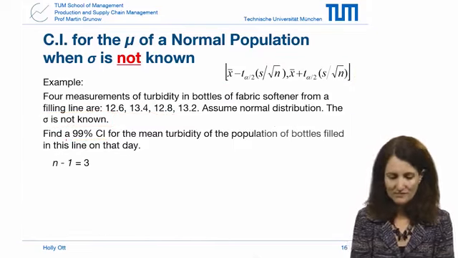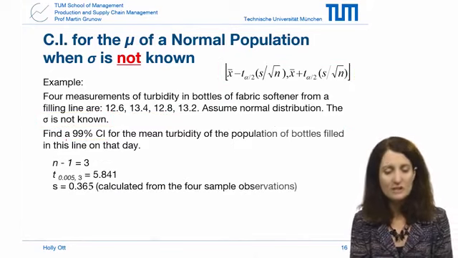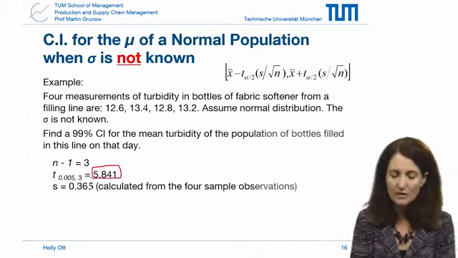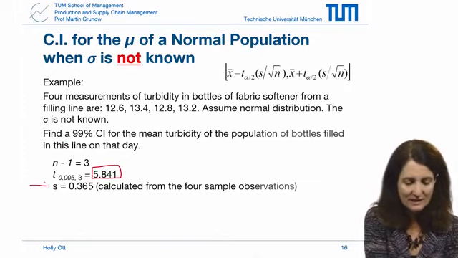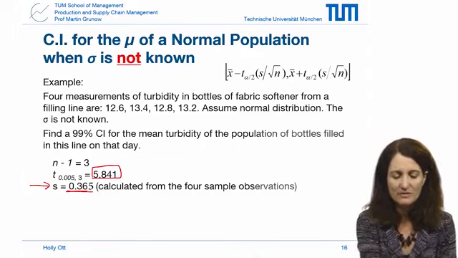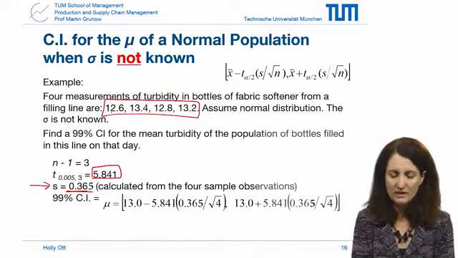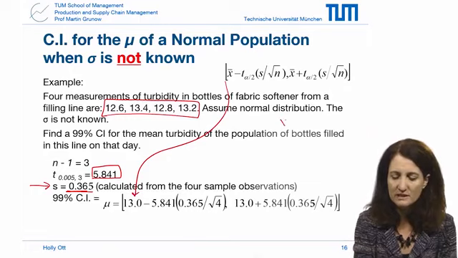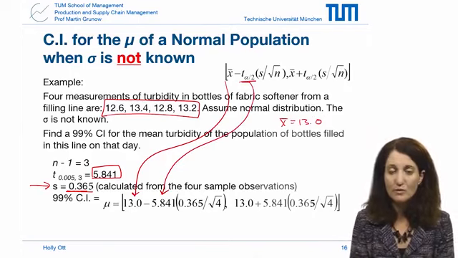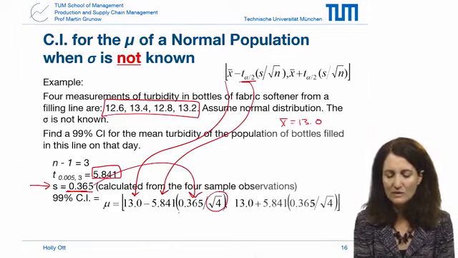How do we come up with a 99% confidence interval? So, n minus 1 degrees of freedom is going to be equal to 3. The T we just looked up for 99% confidence interval with degrees of freedom 3 is equal to 5.841. And now this time we have to calculate S. S is calculated here as 0.365 from these values. The 99% confidence interval then, using this equation: X bar was 13, our T alpha over 2 value was 5.841, the sample standard deviation we calculated, and we have n, the square root of 4.